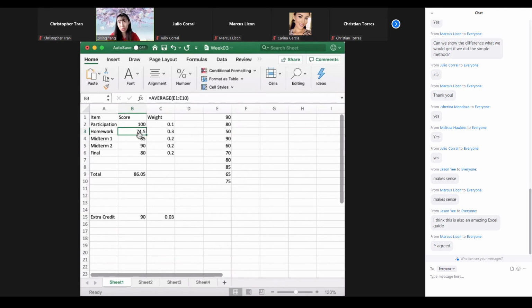But because it's only one component among these many, and it's only 30%, the ultimate impact to your final grade isn't huge. You see, you dropped from 87 to 86, and it's a 35-point change in one homework.